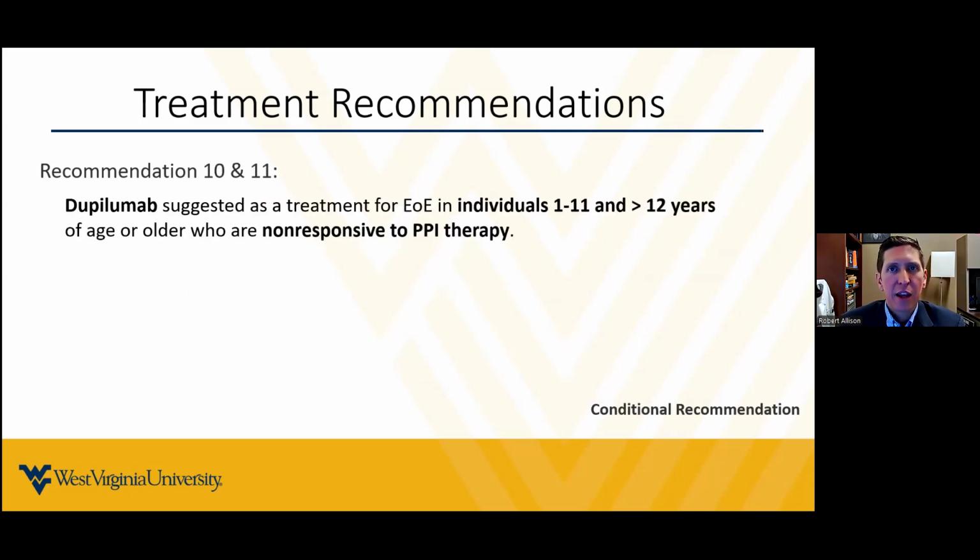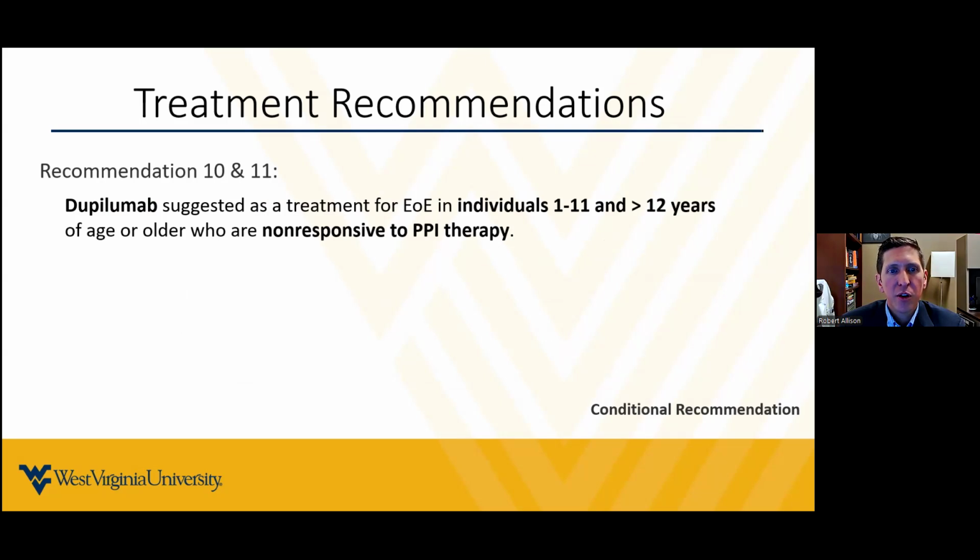So the last medication class are the monoclonal antibodies, and specifically dupilumab. And that is the one drug that they have suggested for treatment both of children as early as 1 year old, but can go all the way up through adulthood.